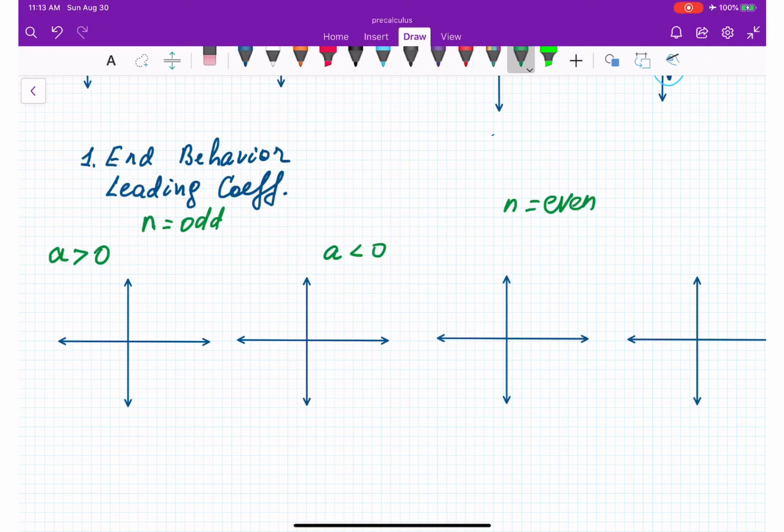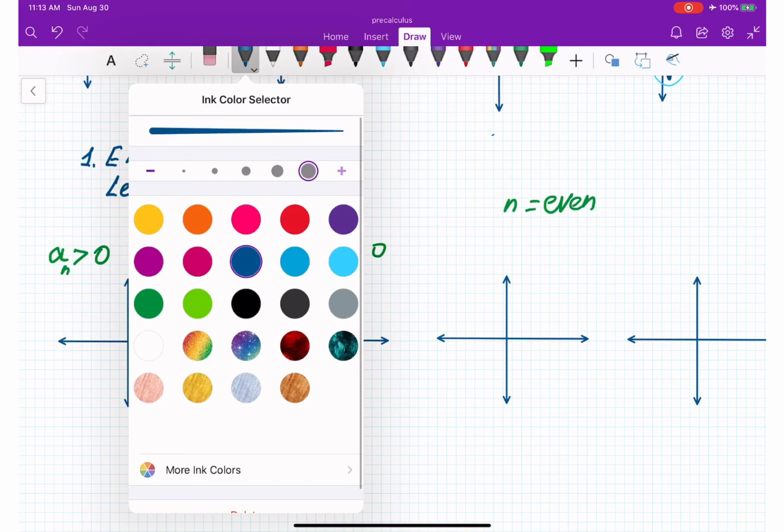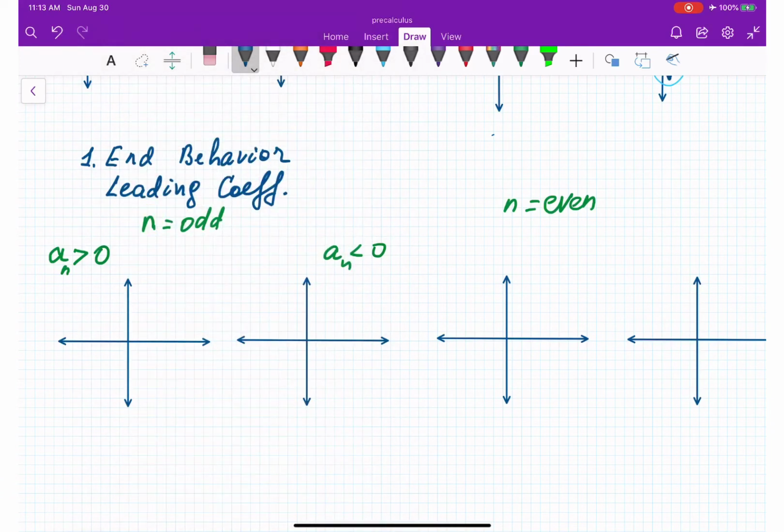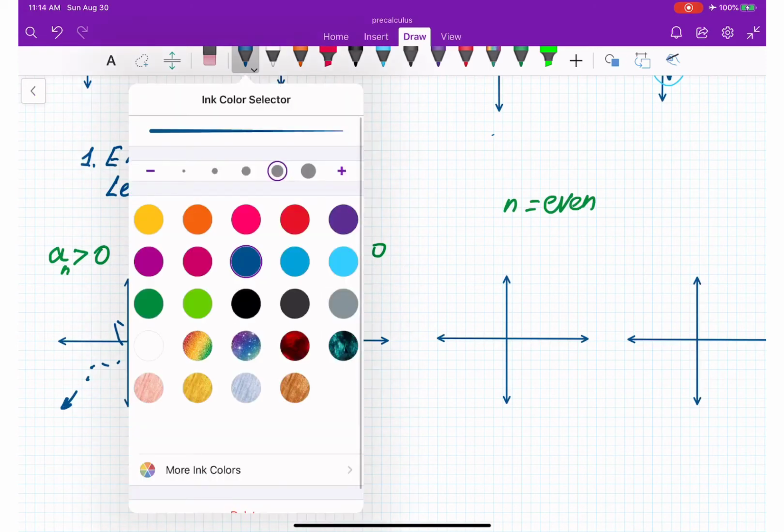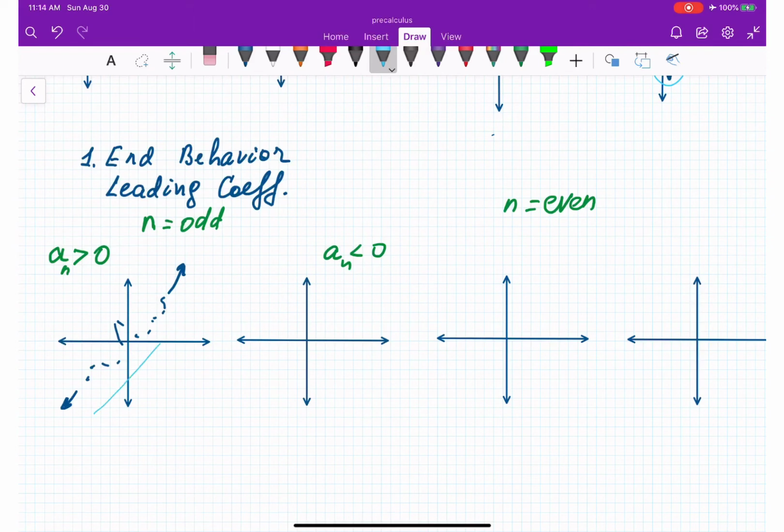For the case when n is odd and the leading coefficient a is greater than 0, then the right end is going to rise, and the left end is going to fall. Well, in between, whatever the graph is going to be, that's how it's going to look. Now, because it's rising, it's going up. So the trend is moving up, right?